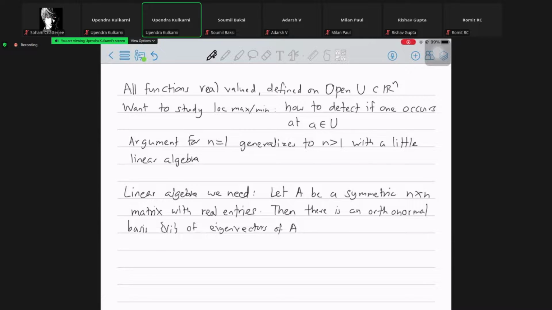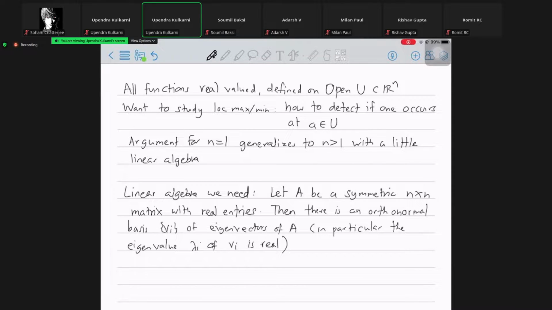So I have already said that there is, first of all, a basis of eigenvectors. That means that the eigenvalues are all real. That is subsumed here. In particular, the eigenvalue lambda_i of v_i is real.